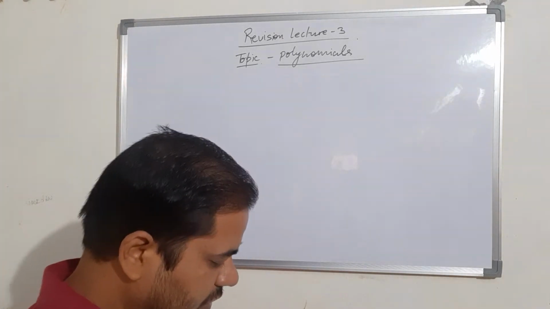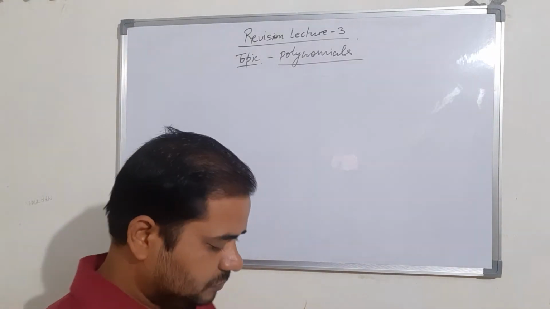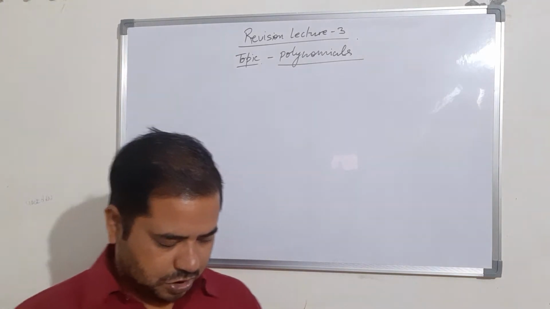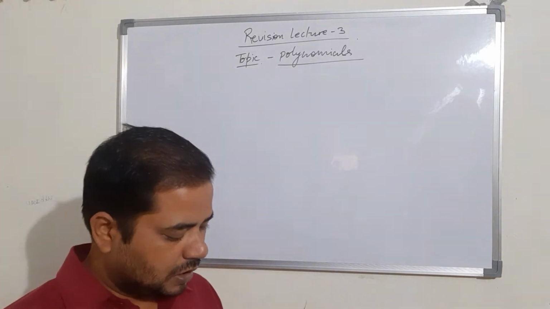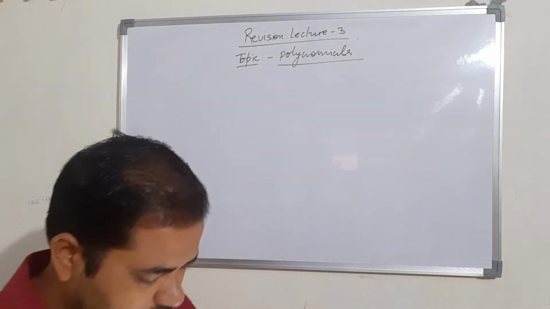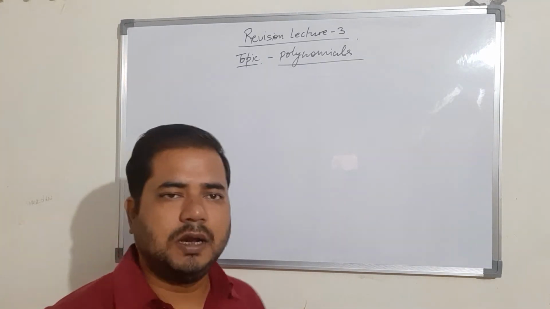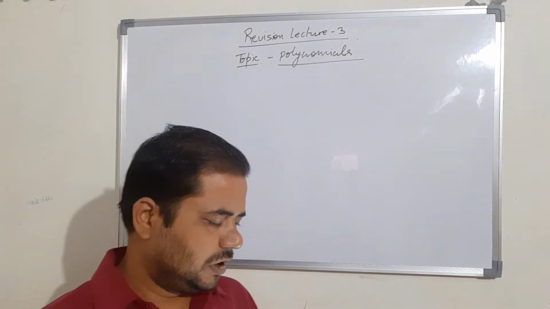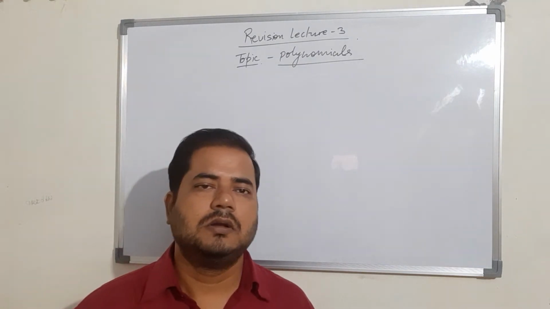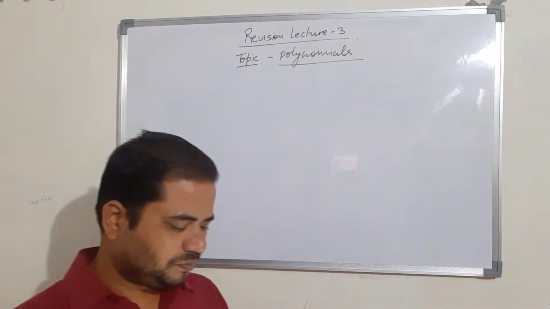In class 10, in the chapter on polynomials, we have to study the geometrical representation of zeros of a polynomial and division of a polynomial by another polynomial. Two zeros are given, then we have to find the other zeros, and the relation between the zeros of a polynomial and the coefficients of the polynomial. So let us begin.